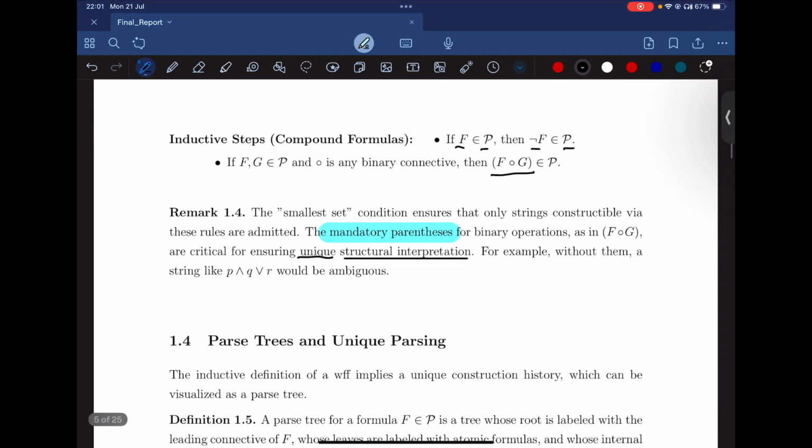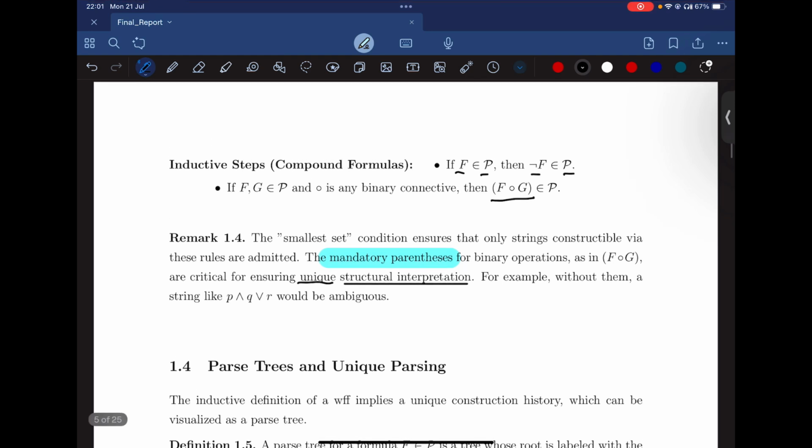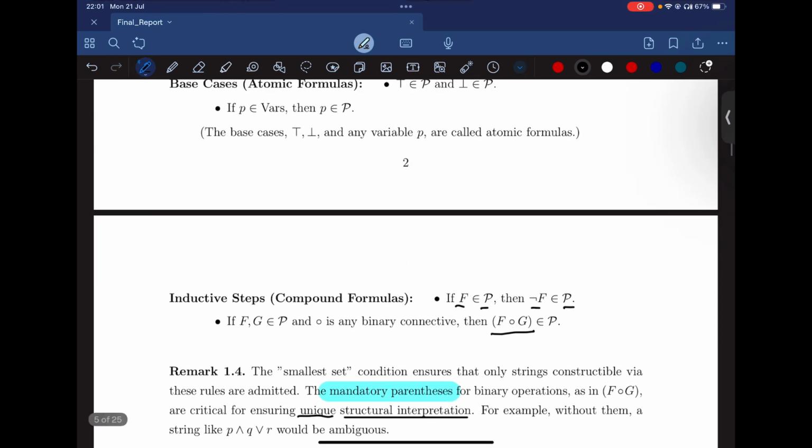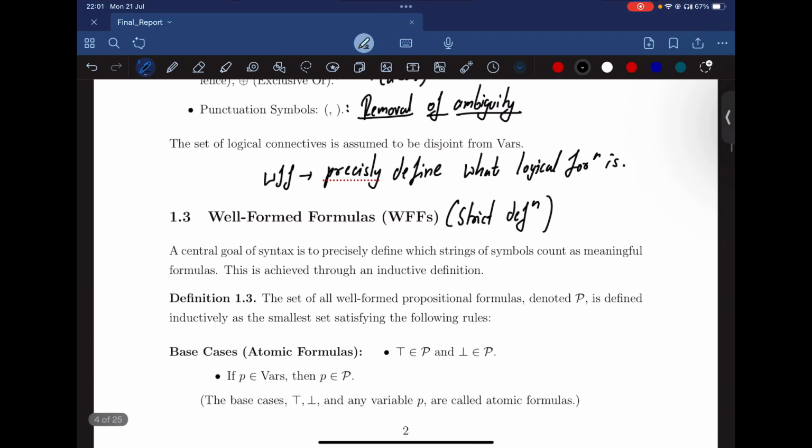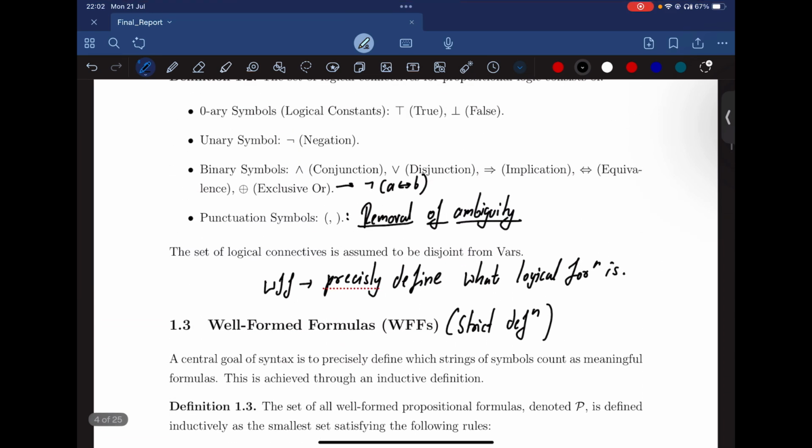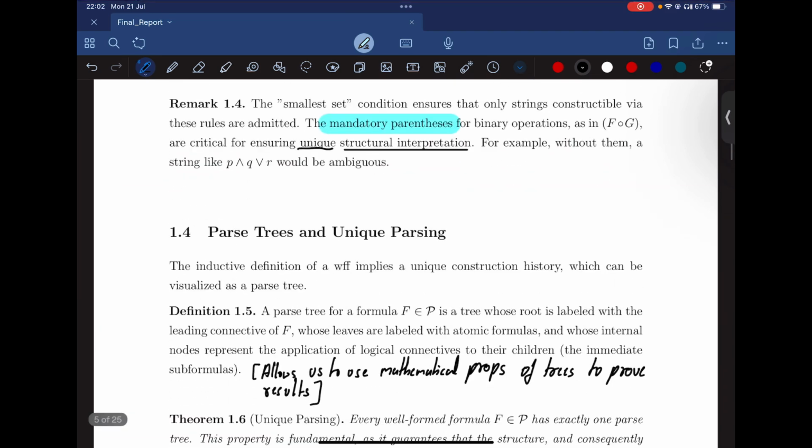The smallest subset condition ensures that the only things constructible are those admitted by these rules. The mandatory parentheses for binary operations are critical for ensuring unique structural interpretation. Essentially, it means that each and every formula is unique and has one meaning to itself and not others. The parentheses are used for removal of ambiguity.